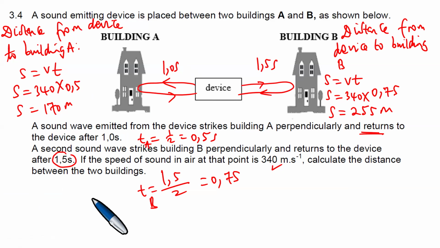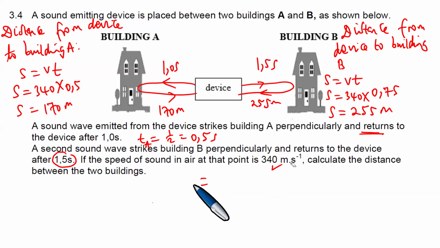So now here, you're going to say for the building A, you are dealing with 170 meters, and here 255 meters. And therefore now the distance, why would it divide by 2? Because they return, so they travel twice. The device is the sound emitting device, so the sound is going to come from the device to A and then back.